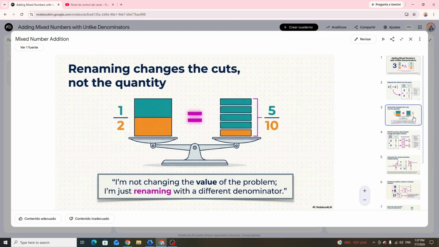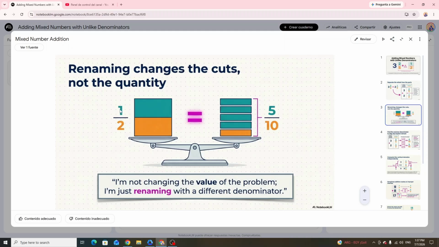Basically, because I have an addition of fractions with unlike terms, the denominators are different, so I have to make them the same, right? So I'm converting 1/2 to 5/10. As you can see, the balance is in the middle, so it's the same.